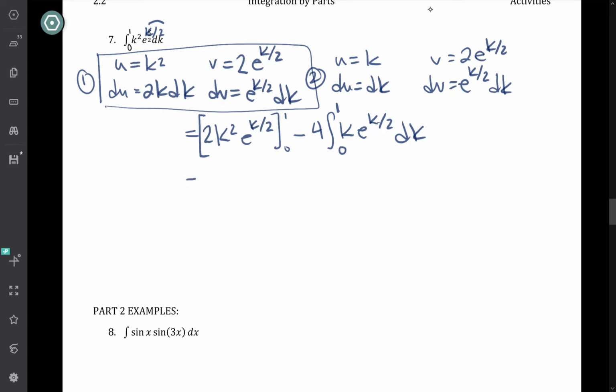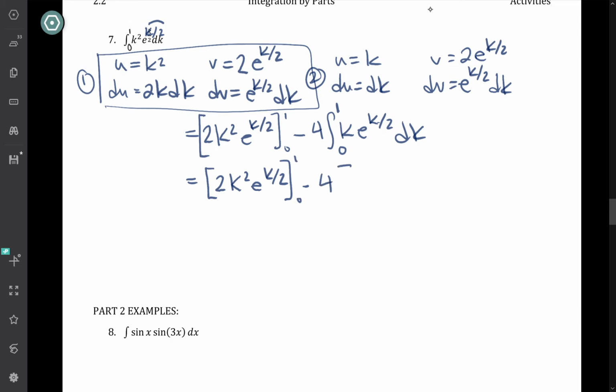Okay, so now I have k squared e to the k over 2, and you can keep the 0, 1 stuck just on this, but really the truth is that everything that we end up with should get evaluated from 0 to 1, so I'm just going to go ahead and incorporate this all in at the end. Actually, I'm going to go ahead and keep this for now because we're going to have one more integral.